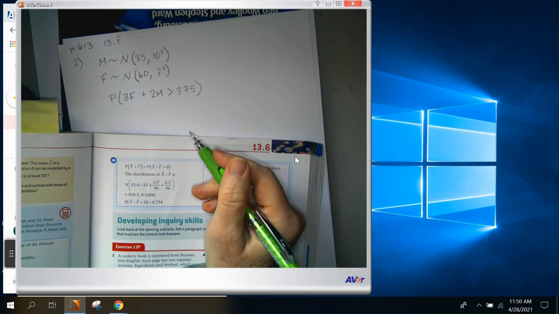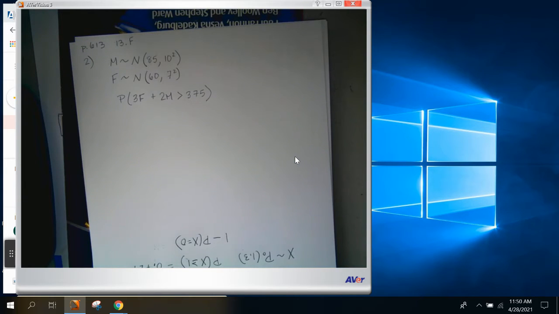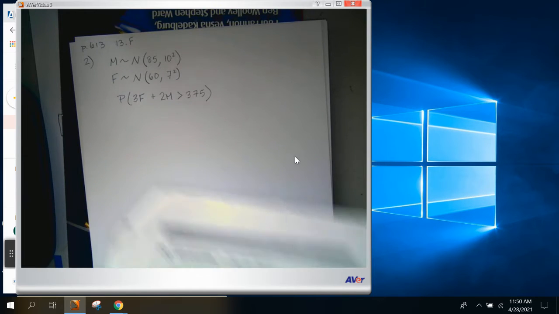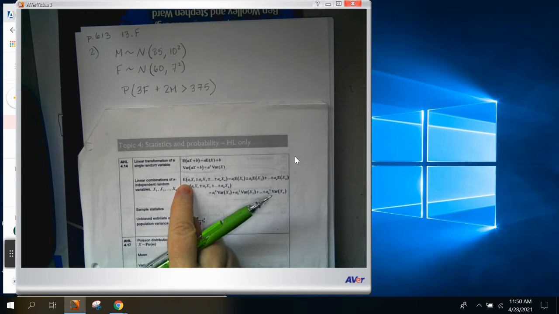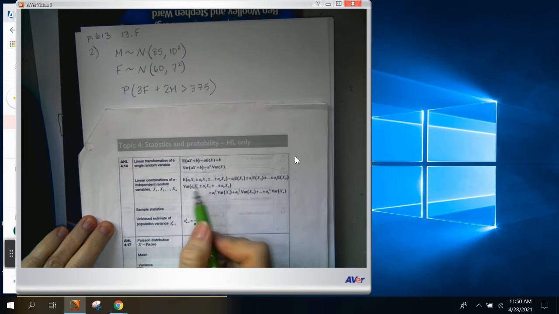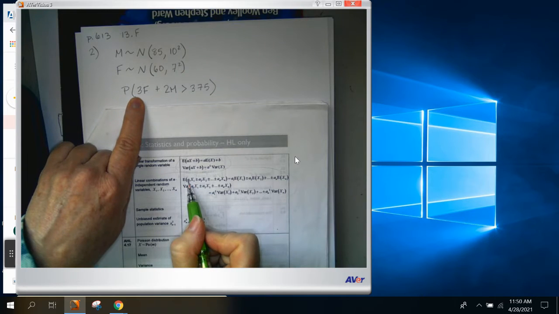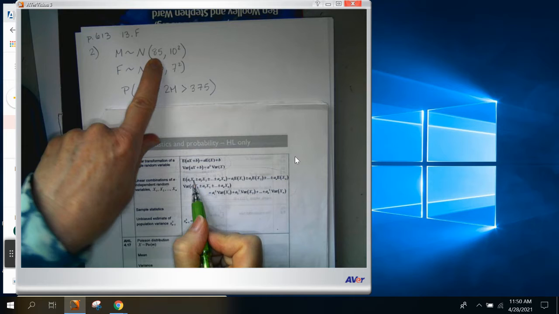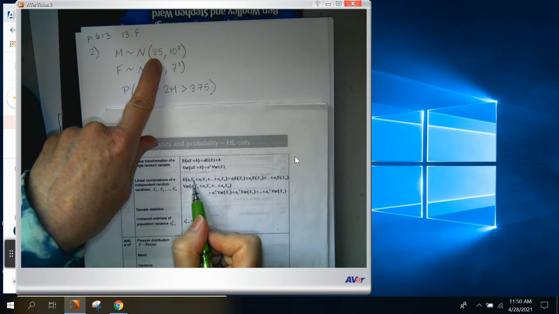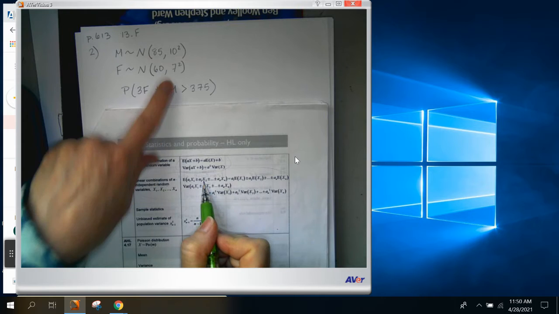So now I need to figure out how I'm going to get this into my calculator. So looking at my formulas here, my expected value, that's the same as my mean. My mean is, I can take the multiplier, my A value, and multiply it with the original mean, and then add that to the other multiplier times the other mean.